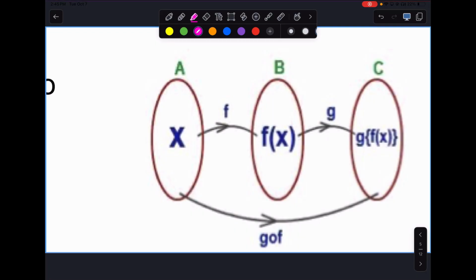On the bottom there, it looks like g, o, f. That is not g of x. This open circle is the symbol for composition: g compose f. It is not g of f, it is g compose f.